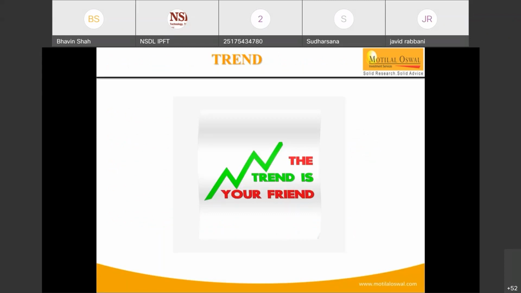If the market is in a sideways movement, the market will be choppy, and we should wait for the market to give us a trend, be it on the upside or on the downside. This is one of the fundamental things we need to understand regarding the trend. The trend is your friend. You should always be on the side of the trend.